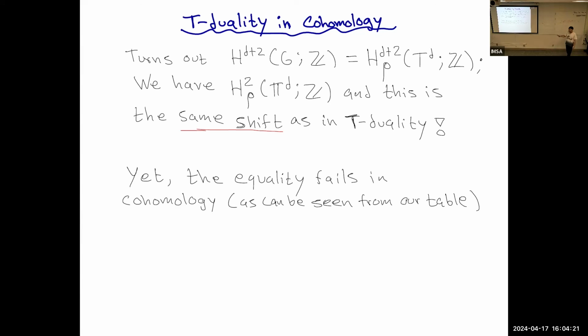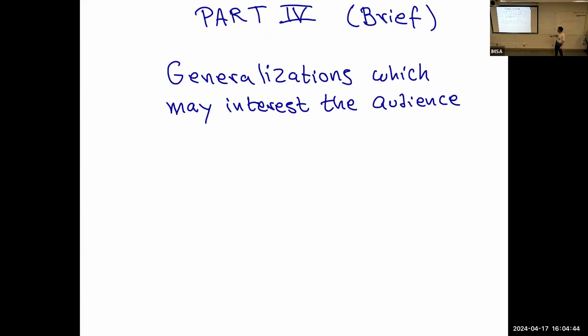So we have exactly the same shift as T-duality. However, T-duality is not an equality in cohomology. Here it fails. So there might be some reason related to T-duality, the failure of T-duality in cohomology, to explain why we are getting different results. But to me, it's very interesting that we had exactly the same shift.